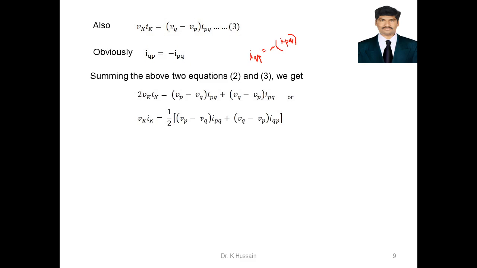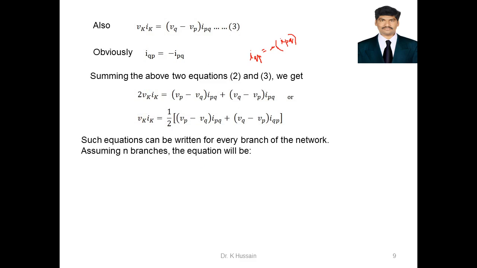The first one is Vk Ik and the second one is also Vk Ik, so we get 2 times Vk Ik, which is equal to Vp minus Vq into IPQ plus Vq minus Vp into IPQ. Then Vk Ik equals 1 over 2 into that product. It is the same product, so whatever value is here should come to this side.